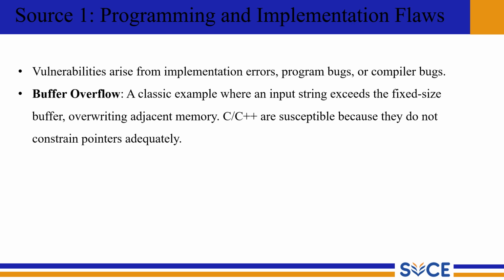This causes the input to overwrite adjacent memory, allowing an attacker to inject and execute their own malicious code and potentially gain control of the process. The CVE database, in fact, has over 8,000 entries of buffer overflow vulnerabilities since 1999.